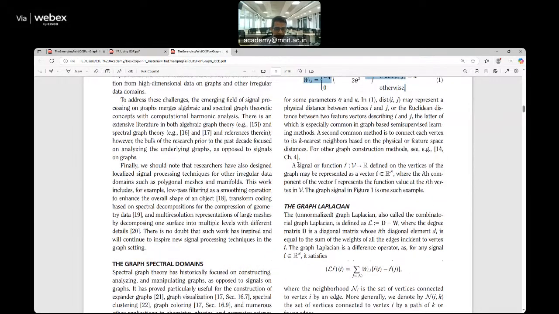If you noticed, what is a graph signal, a signal or function? That has been clearly defined. It is the same thing we discussed yesterday. It is defined on the vertices of the graph, represented as a vector. So it says that the ith component of the vector f represents the function value at the ith vertex of the graph, in figure one, such an example.